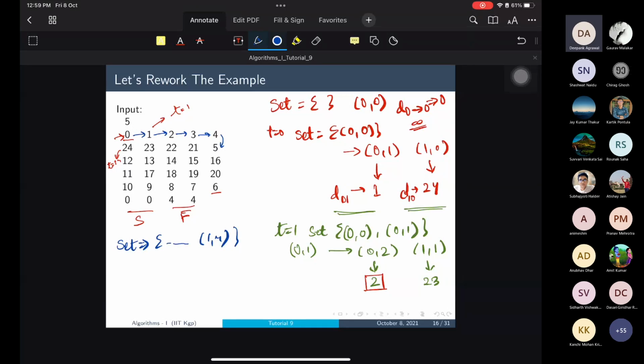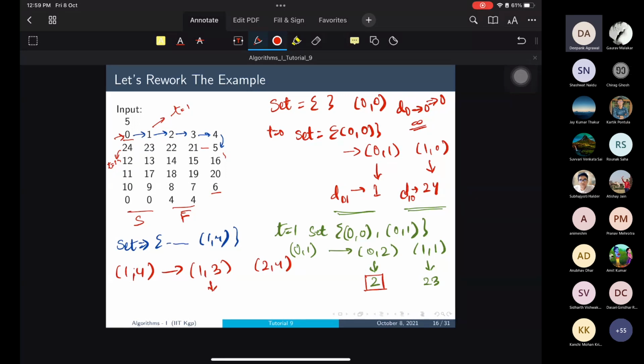Now we can move either in this particular direction 21, or we can move here or here. Okay, let's update it. 1, 4, which will move to 1, 3, or 2, 4, right?